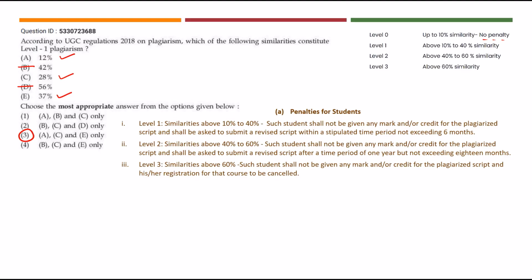The student shall not be given any mark or credit and shall be asked to submit a revised script after a time period of 1 year but not exceeding 18 months. Here, why this time period of 1 year? It means you should not do that work because you have almost taken 40 to 60% from other sources. That's why. What about level 3? The same thing, they will not be given any mark and his or her registration for that course is to be cancelled.